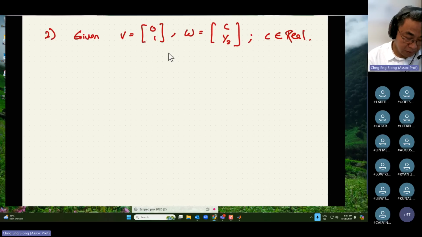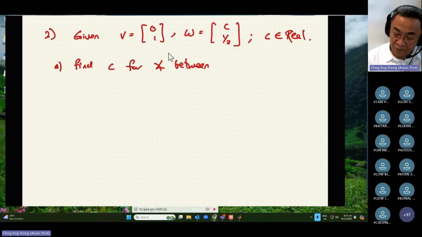Then answer this. Find C for the angle between V and W equals to 1 radian.